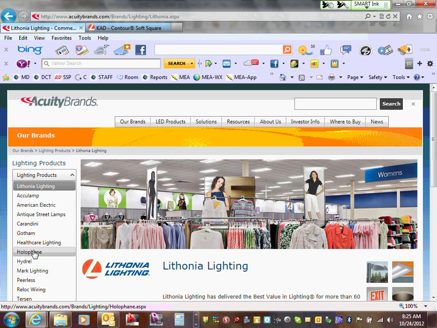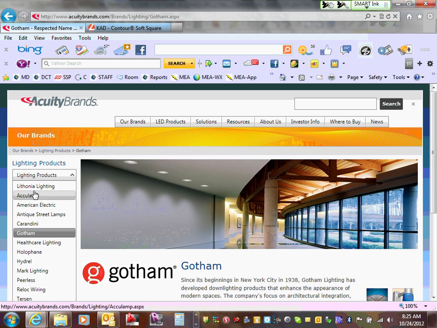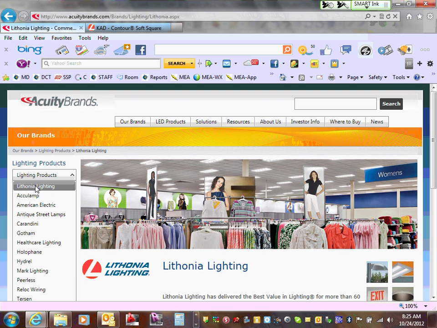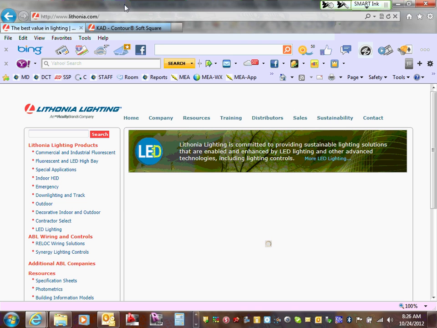You can click on Gotham if you have light in Gotham, but we can also use Lithonia. It gives you any type, so let's use Lithonia. This goes hand in hand with the book that you have. Let's go to Lithonia first. Click on Lithonia, and if you click here, it will take you to Lithonia fixtures, all the fixtures in Lithonia.